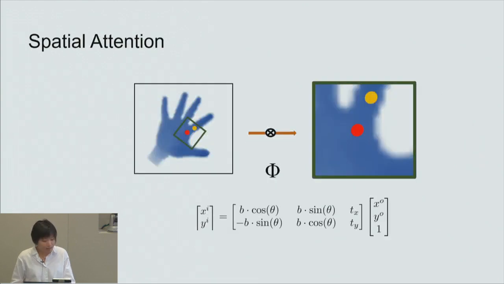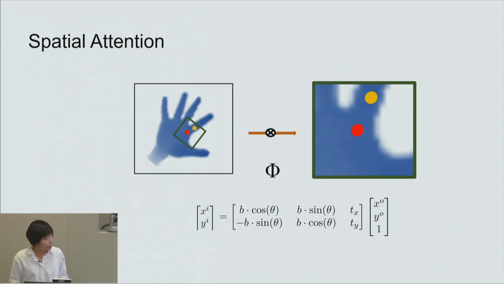So to attend to these local patches around the hierarchy, we apply a spatial transformation to the input image and the output joint locations. The parameters of the transformation are acquired from the estimation result of the previous layers.